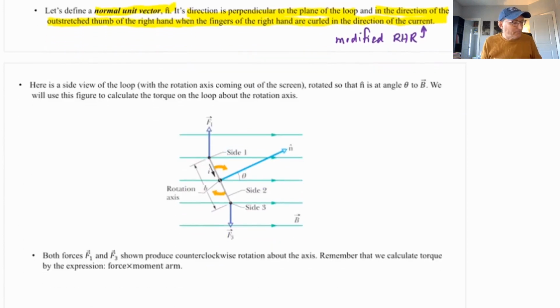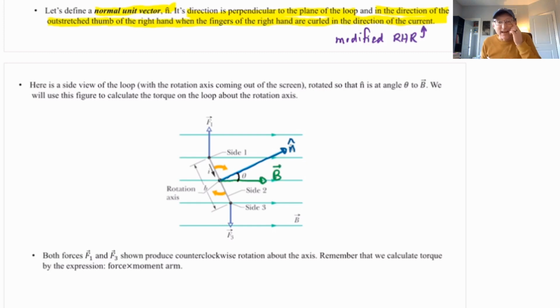Here's a side view of the loop with the rotation axis coming out of the screen, rotated so that this new unit vector n hat, right there, has some angle theta to the direction of the magnetic field, B. There you can see the theta.